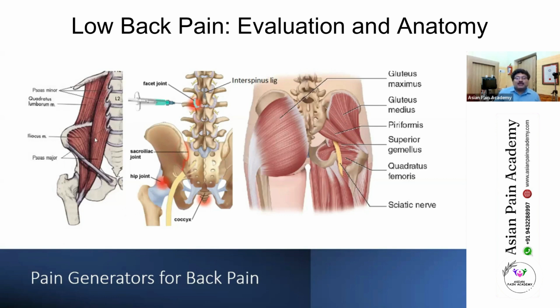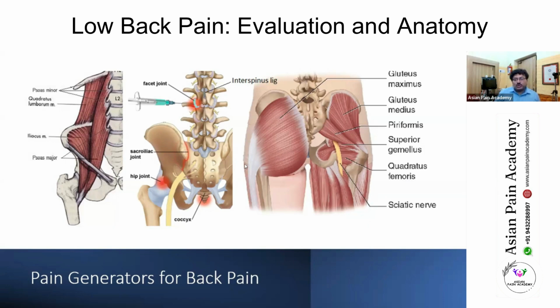Then come the other muscles like the psoas major and quadratus lumborum. If they undergo spasm and myofascial pain syndrome develops, that can also cause pain. Myofascial pain syndrome is definitely very important, and we'll discuss it in the next classes. And this is another cause of back pain.